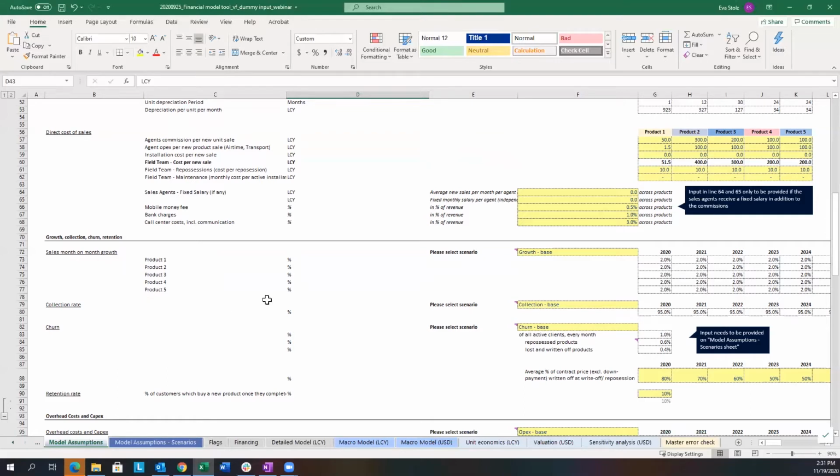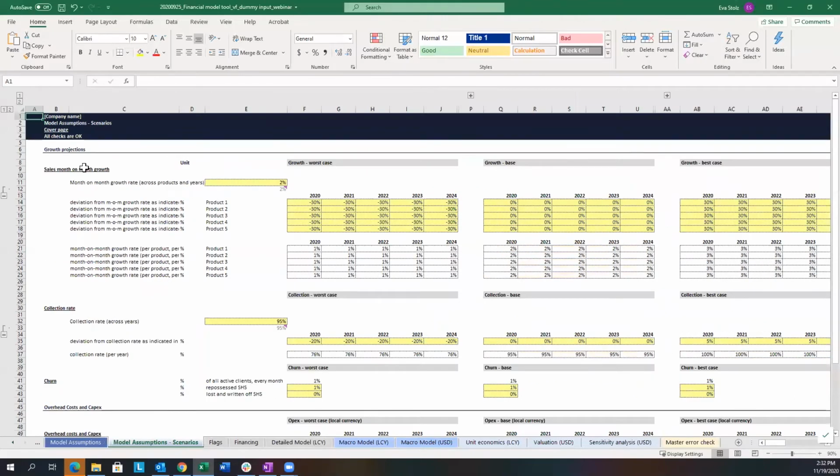But what you can see here is that these are black numbers. So these are not input fields. And these are the values where you actually provide the inputs on the model assumptions scenario sheet. So as you can see, for example, for the sales month-on-month growth rate, you can indicate values for up to 3 scenarios. So the worst case, the base case, and the best case.